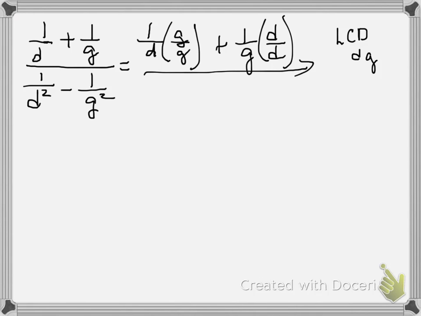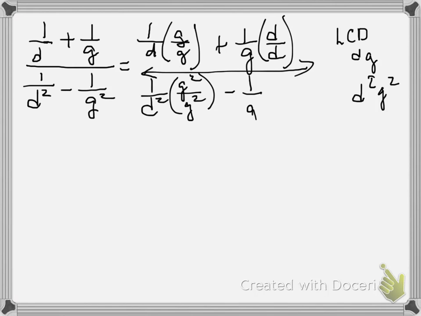All that's divided by... Now in the denominator, the least common denominator is going to be d squared g squared. So I'll have 1 over d squared multiplied by g squared over g squared, minus 1 over g squared multiplied by the missing factor, d squared divided by d squared.